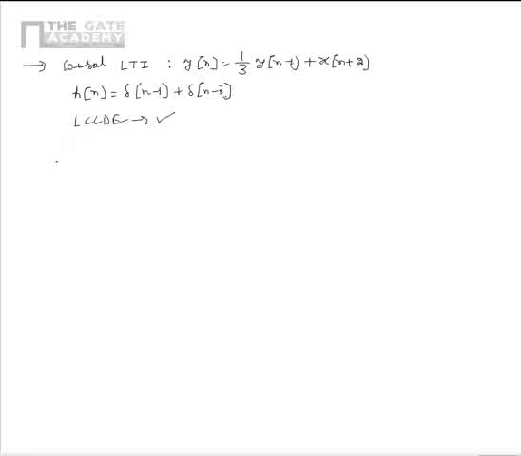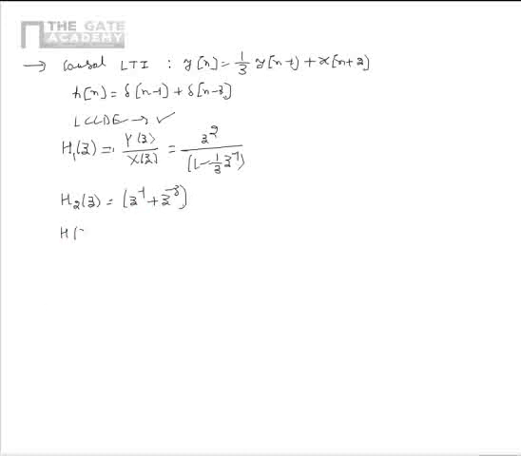From the given data, we see that the system function of system 1 can be written by taking the z transform on both sides as h1 of z is equal to y of z by x of z is equal to z square divided by 1 minus 1 by 3 z inverse. This is the system function of the first system, and for the second system h2 of z is equal to z power minus 1 plus z power minus 3.